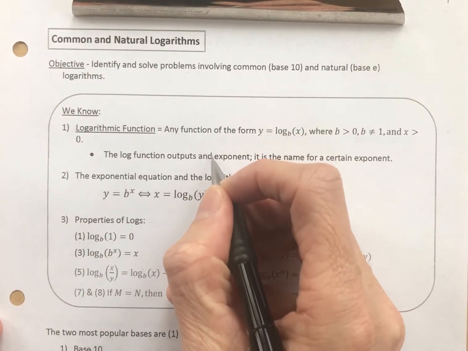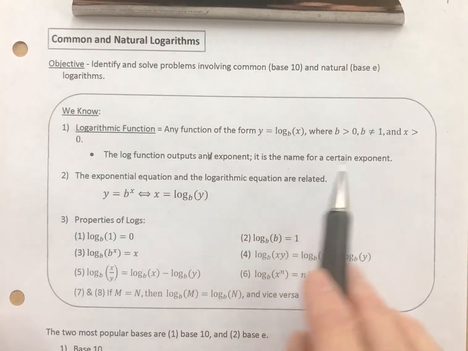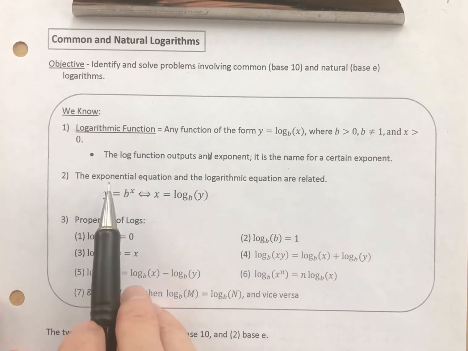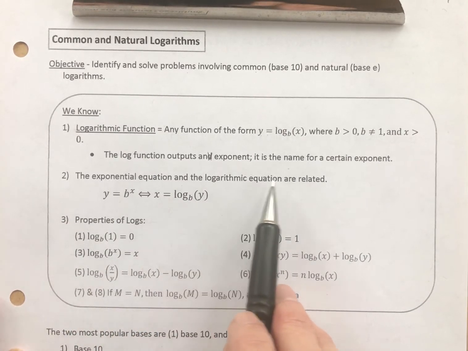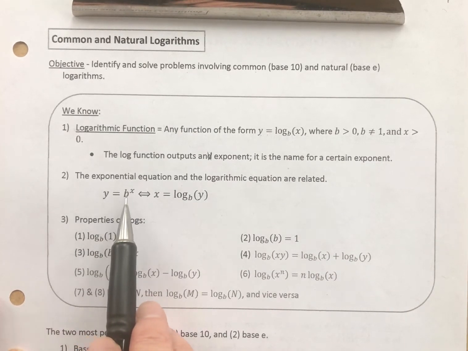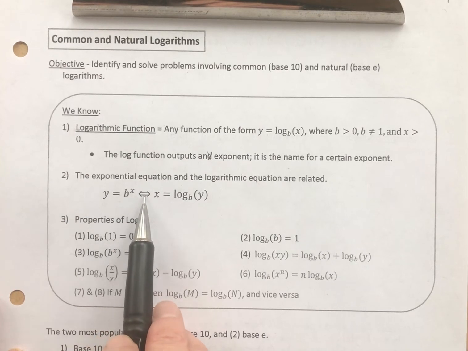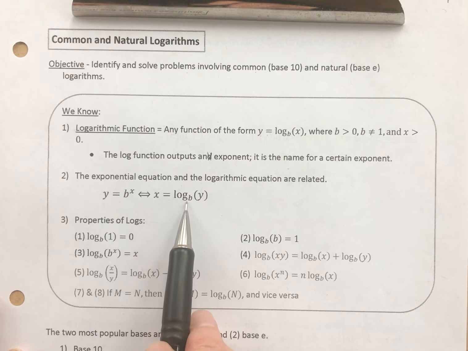It is the name for a certain exponent. We know that the exponential equation and the logarithmic equation are related. The exponential equation y equals b to the x is equivalent to the log equation x equals log base b of y.